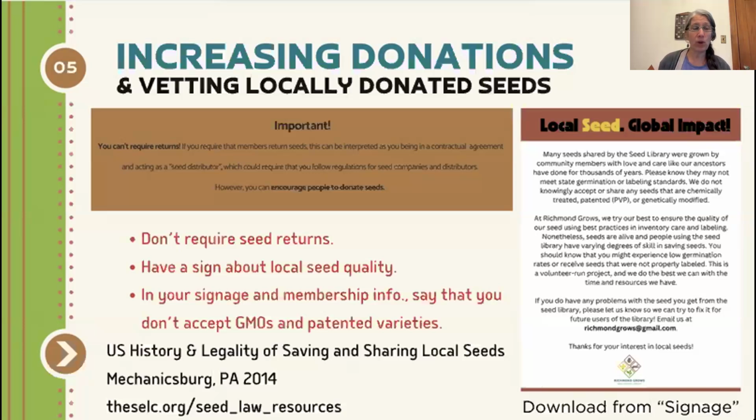Basically, we agreed that seed libraries are not commercial industries. They're exempt from any legal action if people happen to share Walla Walla butternut squash and it ends up being some other type of squash. That's totally fine. However, we all agreed that we should have signage in our library reminding people that this is not a commercial operation.